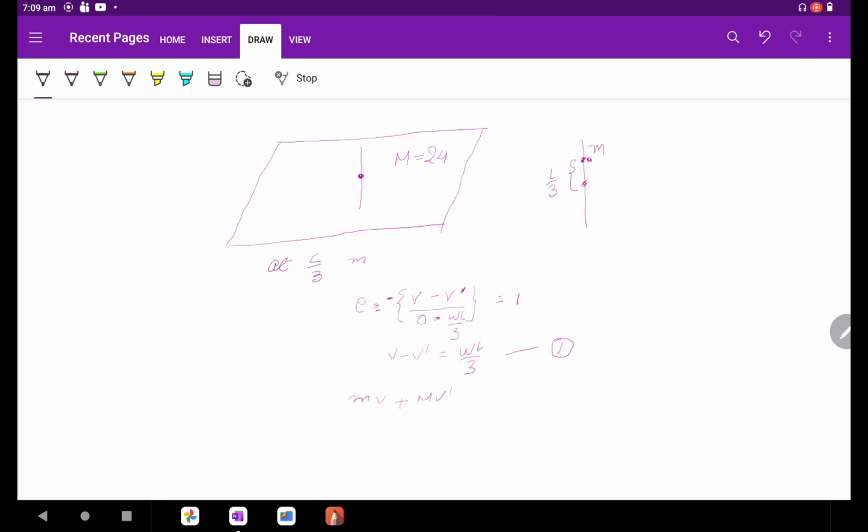Initially, for the center of mass of the rod, 0, not moving. For small m, 0, not moving. Do check. After hitting, mv will move, but be very careful on this v.